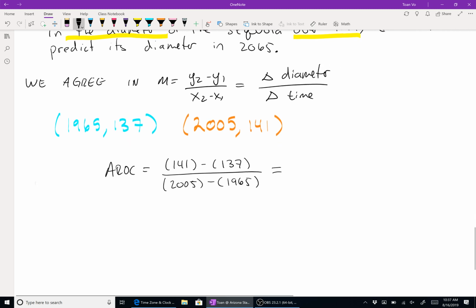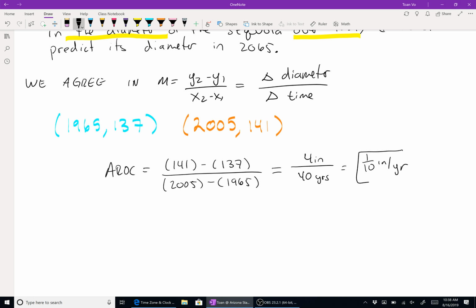And then all you have to do is, well, math. Is that going to be 5? No, 4. 4 inches over 40 years, which is 1 over 10. So it's 1/10 inch per year. That's the average rate of change. So that's the answer to the first part.